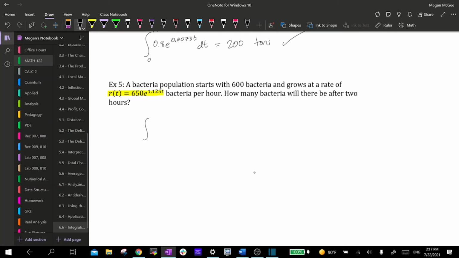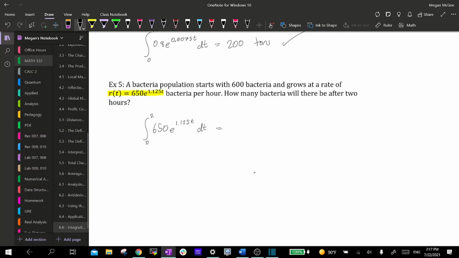So we take the integral from 0 up to t, which is 2 hours. So 0 up to 2 of our rate. So our rate is 650 e to the 1.125t. Can't forget our dt.